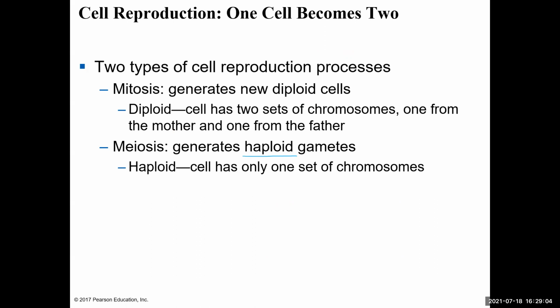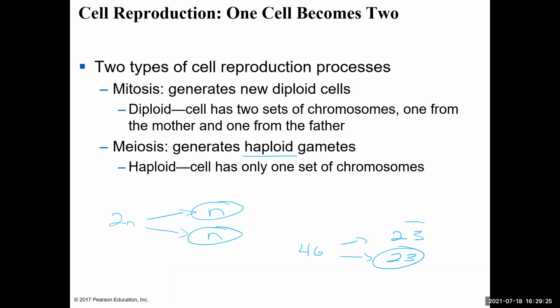So it goes from a diploid parent cell to haploid daughter cells. They only have 23 chromosomes, so it goes from 46 to 23.